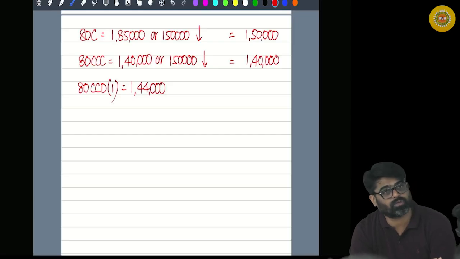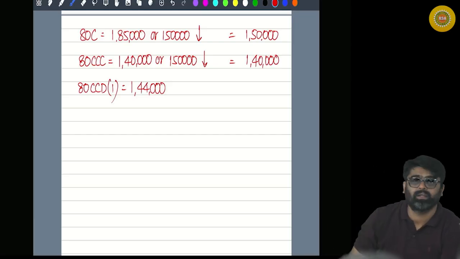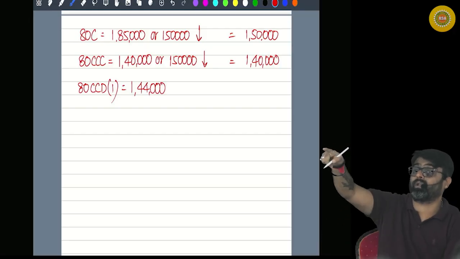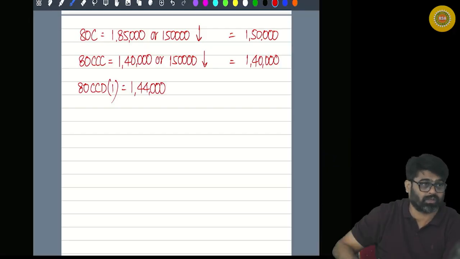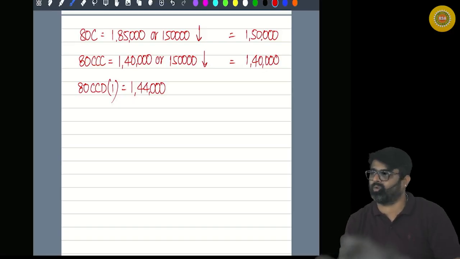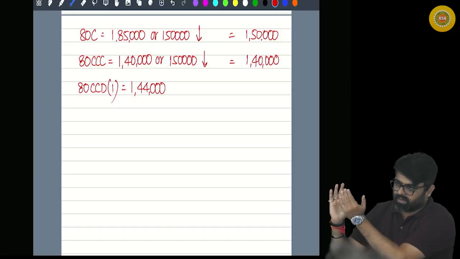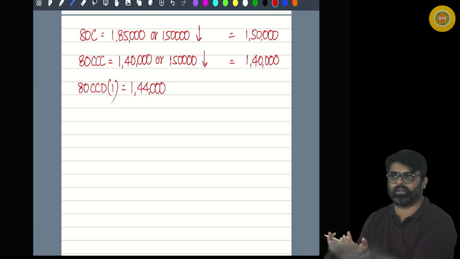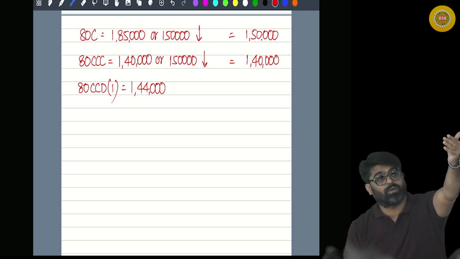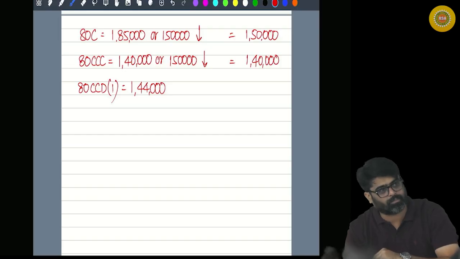Now this contribution I am claiming as a deduction under 80CCD(1). This I could have also claimed under 80CCD(1B) subject to 50,000 limit. So I can make the calculation in two ways. First I will claim here and whatever balance will remain that I will claim in 80CCD(1B). Or reverse can also happen.